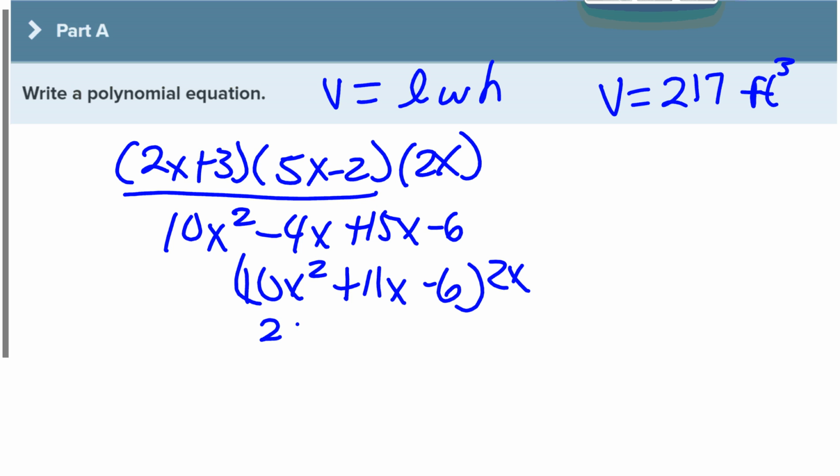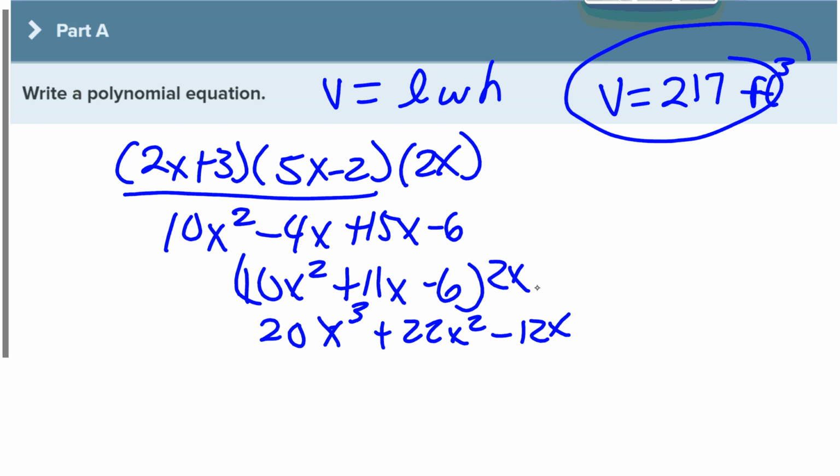So we get 20x cubed plus 22x squared minus 12x, and that's our volume. But that's per penguin, and we want 5 penguins. So if we multiply by 5, this equation should equal 1,085.